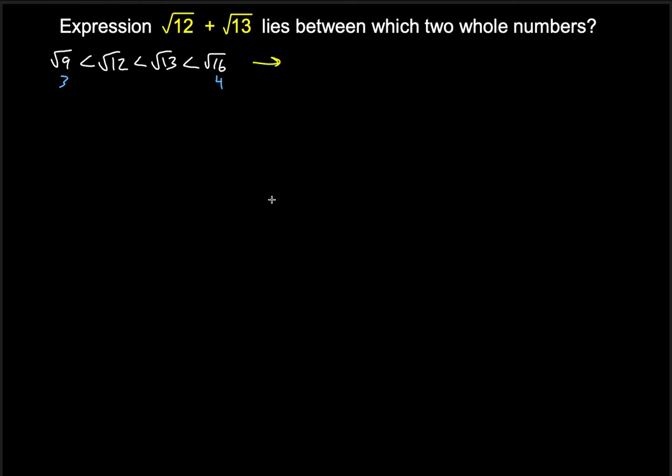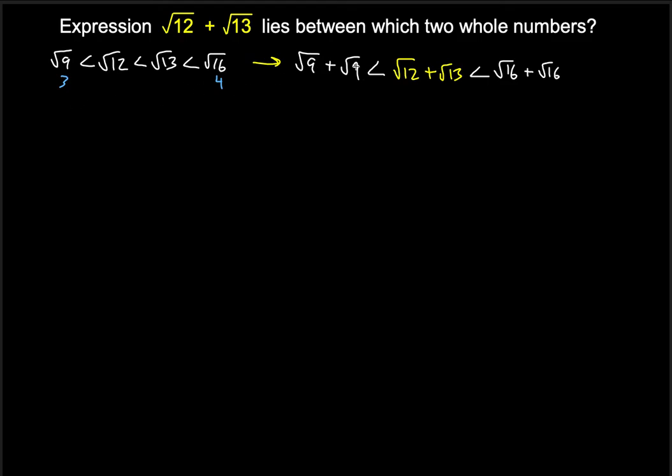So now what you can do is add each number to itself. Except radical 12 and radical 13, we're going to keep as given, but we're going to add radical 9 to itself, and radical 16 to itself. Notice that radical 9 plus radical 9 is definitely smaller than radical 12 plus radical 13, which is definitely less than radical 16 plus radical 16.